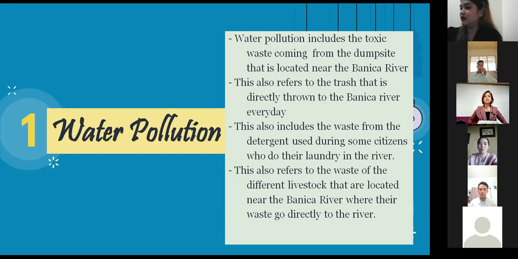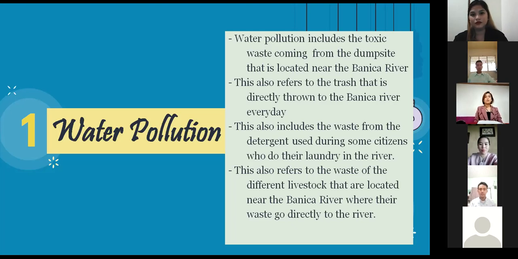This also includes the waste from the detergent used by some citizens who do their laundry in the water. This also refers to the waste of the different livestock located near the Banica River, where their waste goes directly to the river.